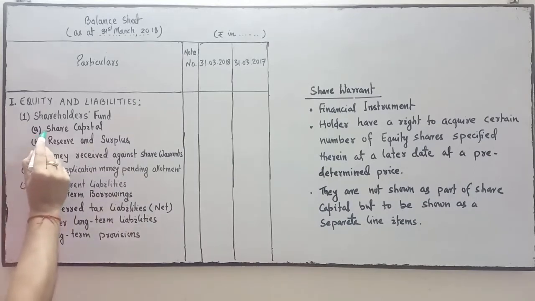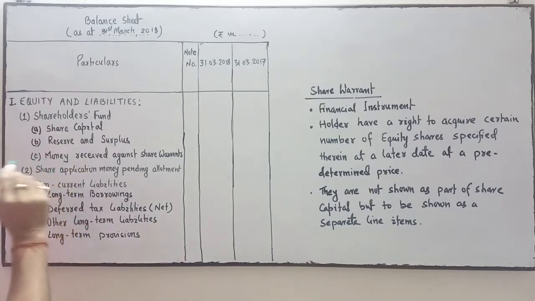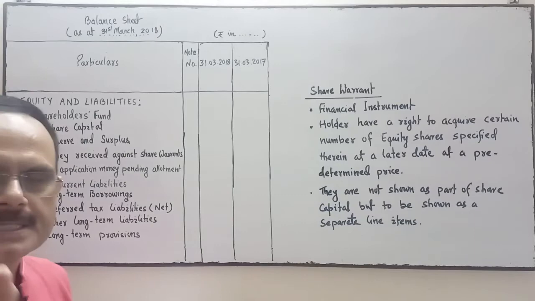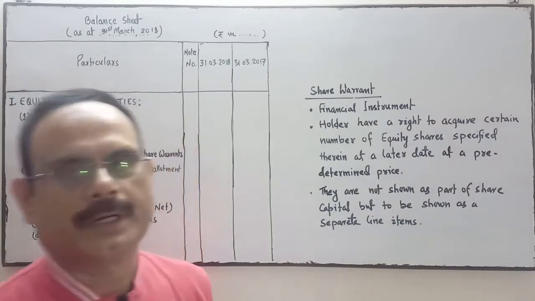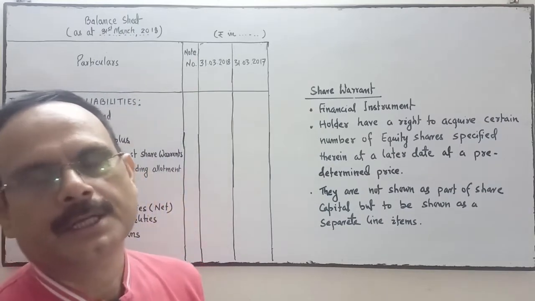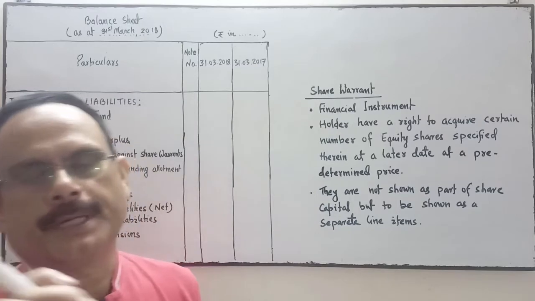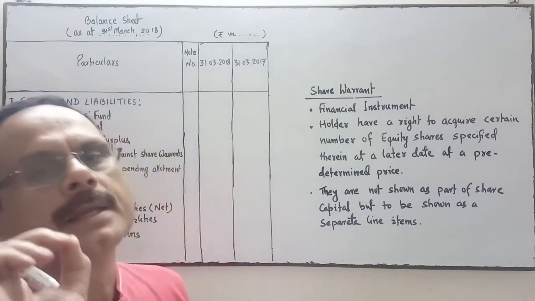Share capital and reserve and surplus have been discussed. Now the third one is money received against share warrant. What is a share warrant? A share warrant is a financial instrument issued by a public company.